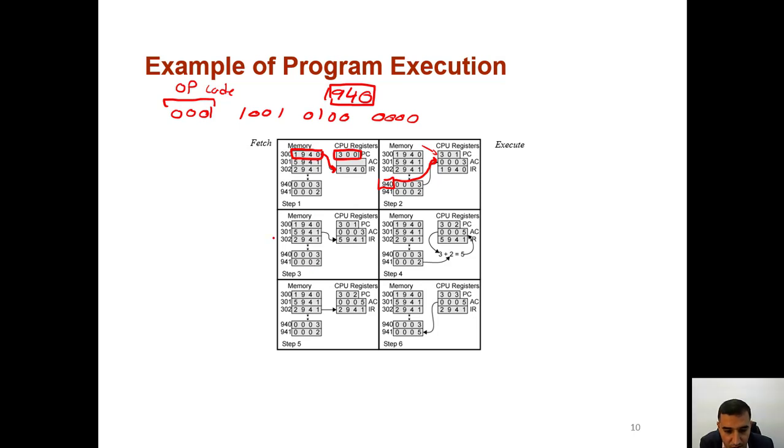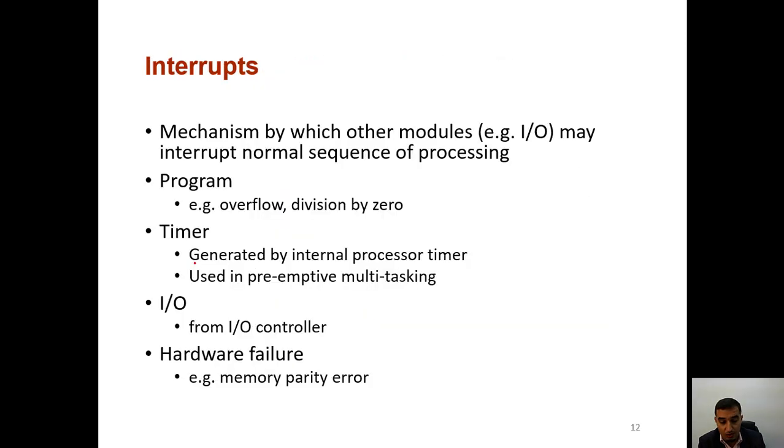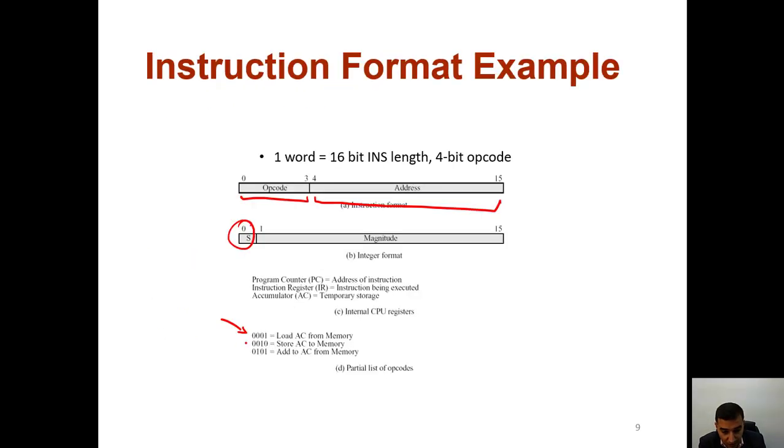For the next instruction, which is at 301, I'm going to load the instruction, which is 5941. So we are going to see what 5 is, which is 0101. We will go to the instruction table over here. So it is add accumulator from memory.